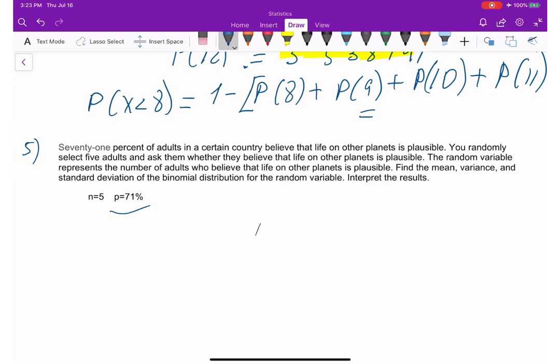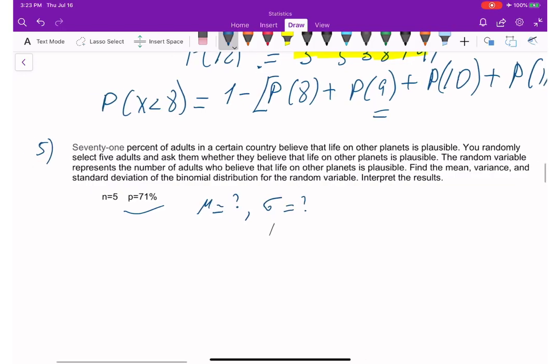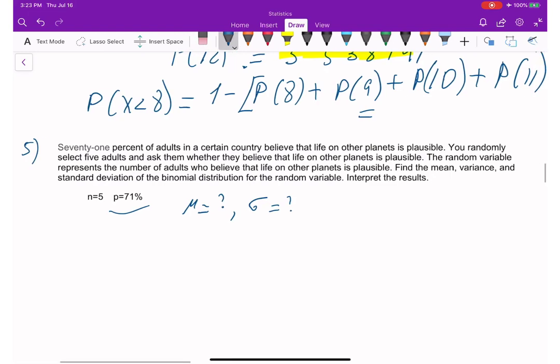You randomly select 5 adults and ask them whether they believe that life on another planet is plausible. The random variable represents the number of adults who believe the life on another planet is plausible. Find the mean and standard deviation of the binomial distribution for the random variable. Interpret the result.